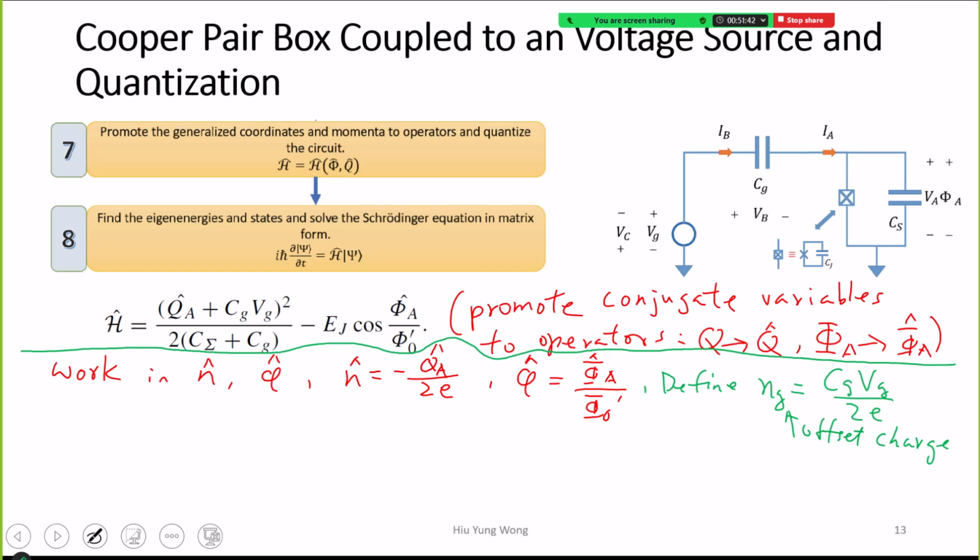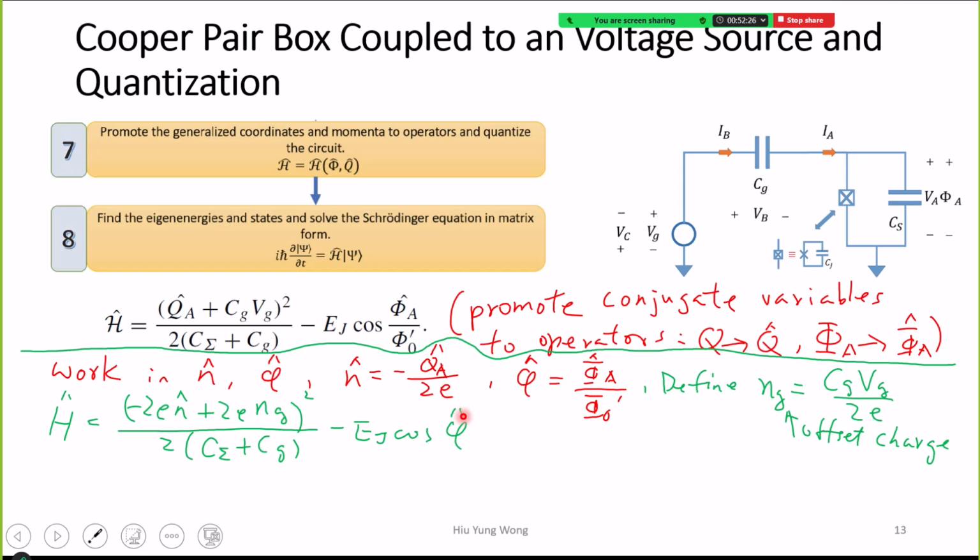Let me see, I don't have enough space. So now with that, I'm going to rewrite it: H hat equals, with Qa equal to negative 2e n hat and Cg Vg equal to 2e Ng, the square divided by 2 times the summation C Sigma plus Cg, minus Ej cosine of, instead of phi a divided by this, I just call it phi hat.